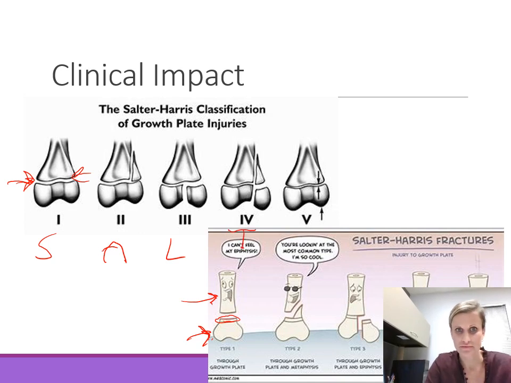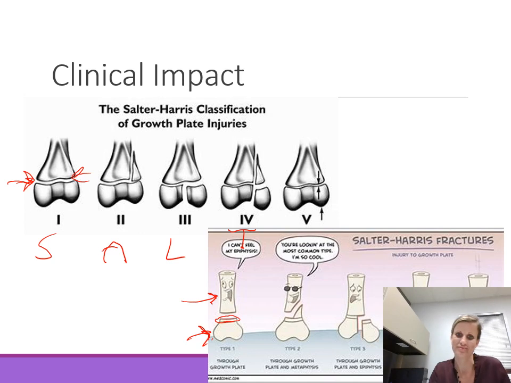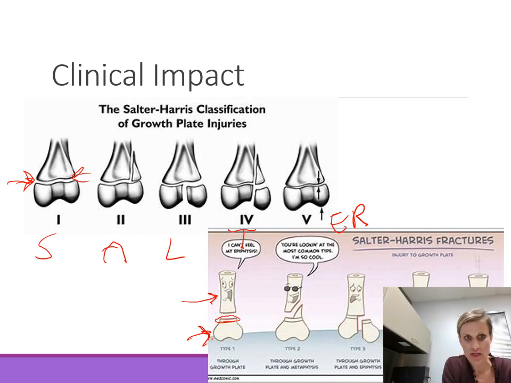S-A-L-T and then E-R. So S, or type 1, is straight through, right? Or like straight across, rather. So this is when there's an injury that goes completely across the growth plate, right? So straight across is type 1.